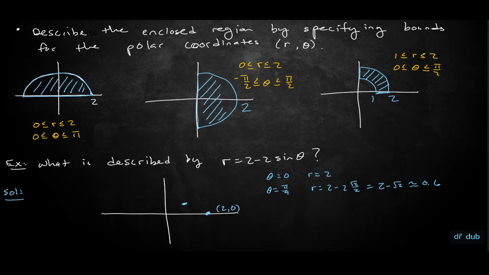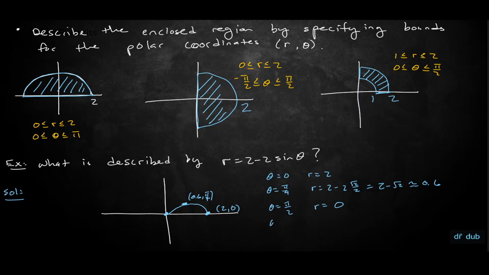So I'm much closer to the origin. So that's 0.6 comma pi over 4. And what if I pick theta equals pi over 2? I get r equals 0. Whoa, I come back this way. So far, our graph looks like this.